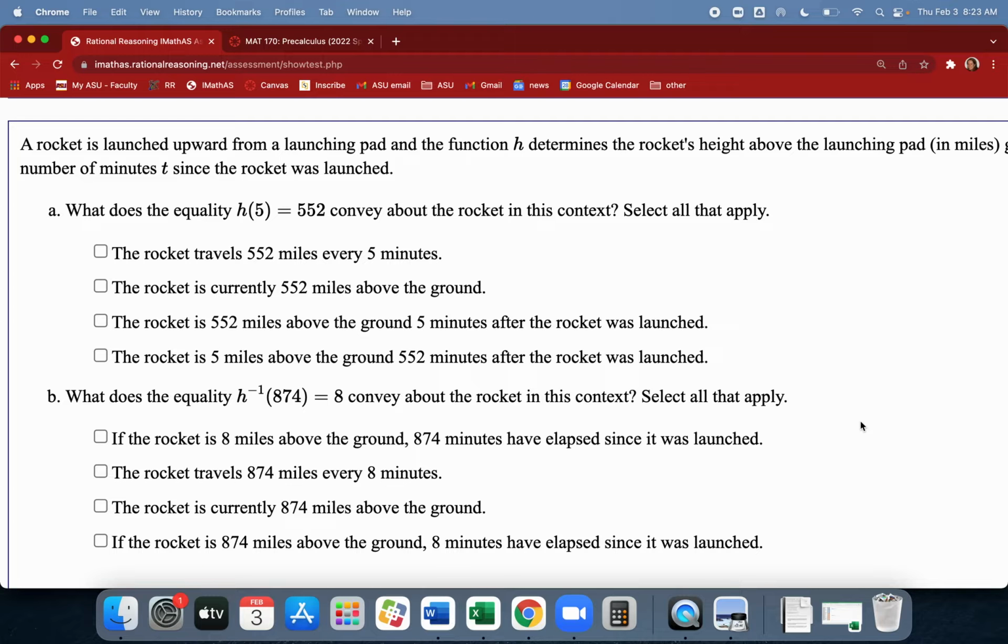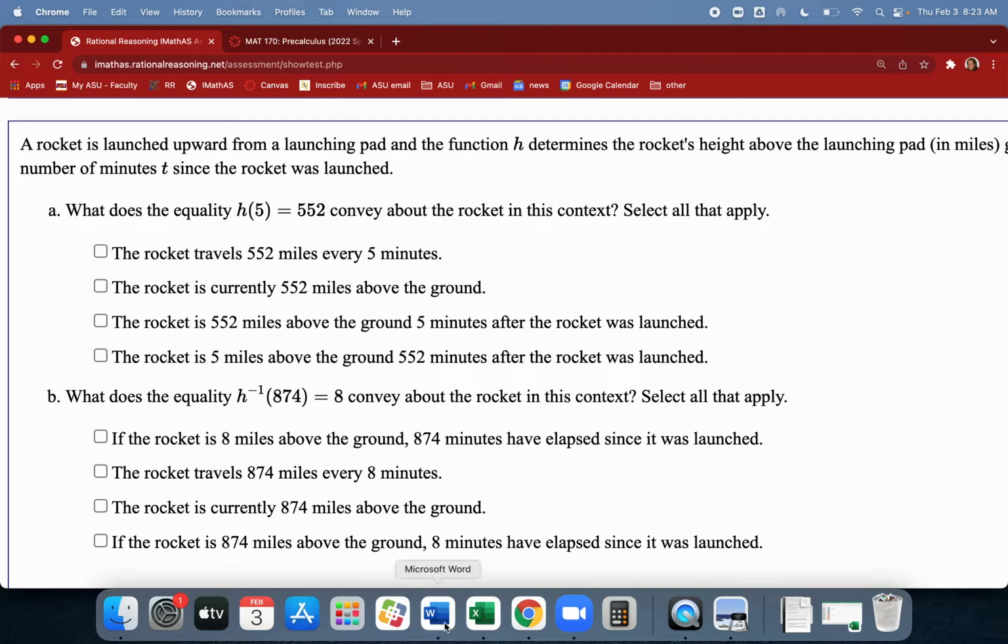Again, h and h inverse have the reverse input-output meanings from one another. So the input here, this 874 that's in parentheses, would be something about miles, and the output would be something about minutes.